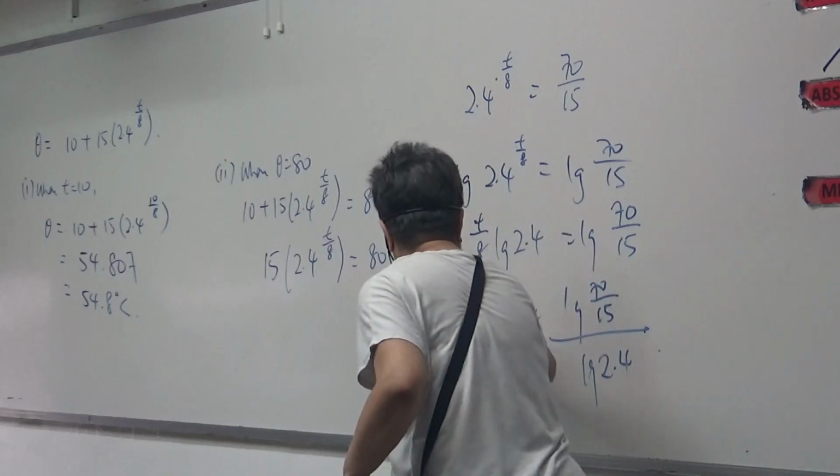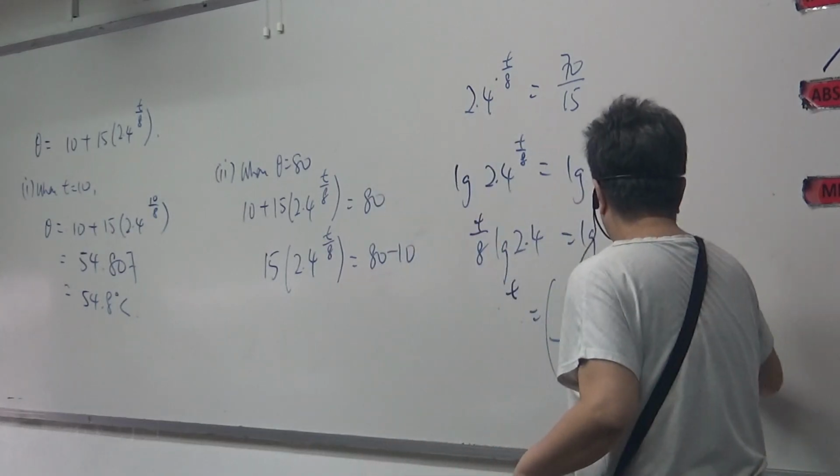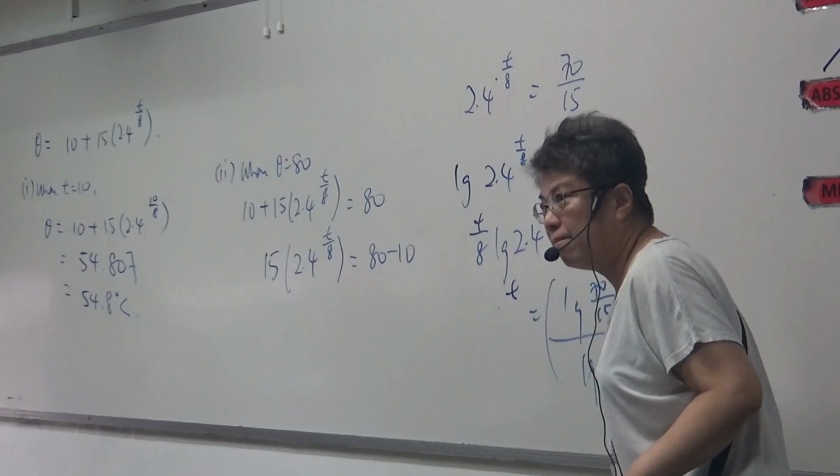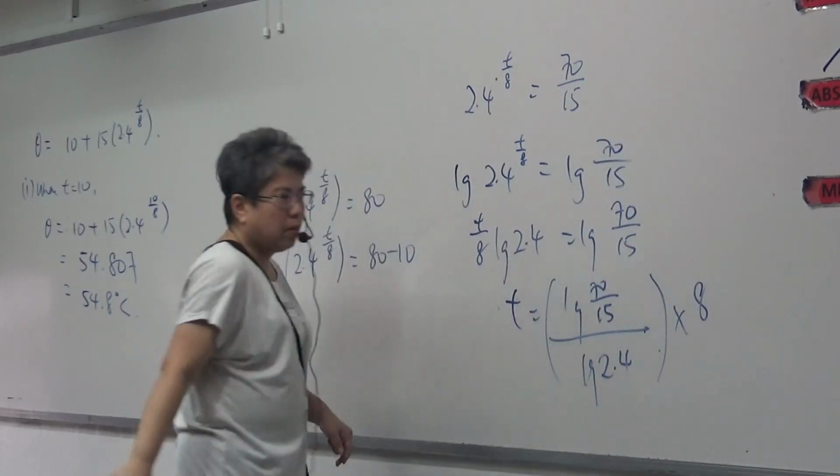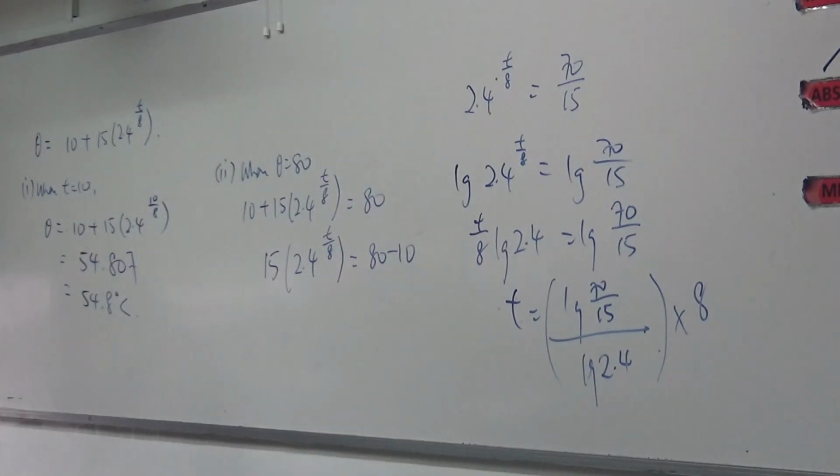Now, if I want to bring the 8 over, it will be this whole thing times 8, right? Okay. All of you key this in and tell me what's the time taken.